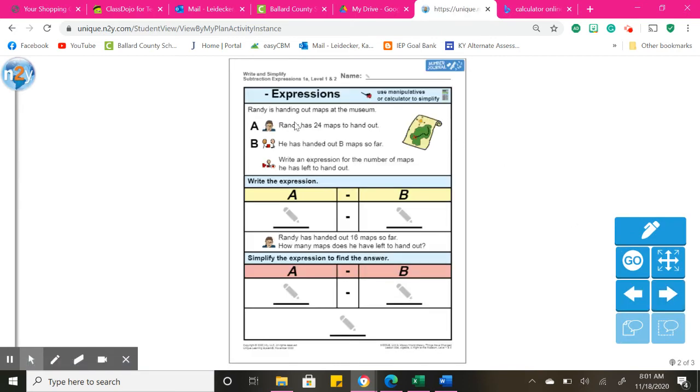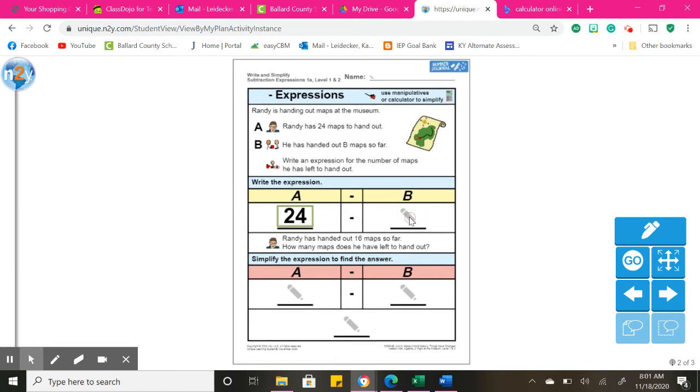So here we go. Randy is handing out maps at the museum. So A is Randy, and Randy has 24. He handed out B maps so far. We don't know B. So B is unknown. Randy has handed 16 maps out so far.